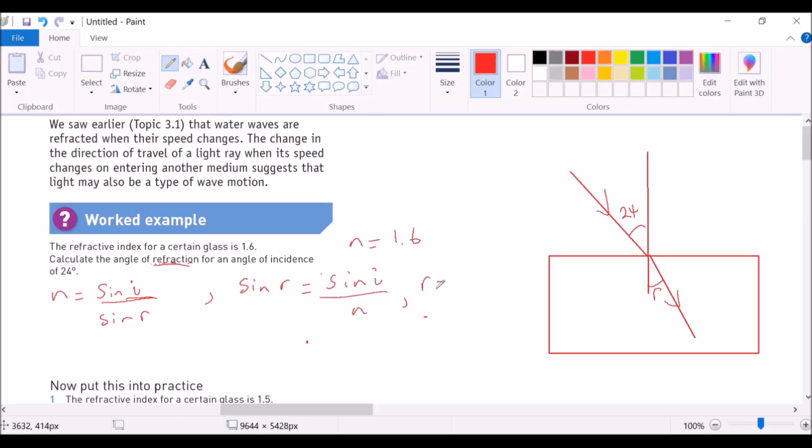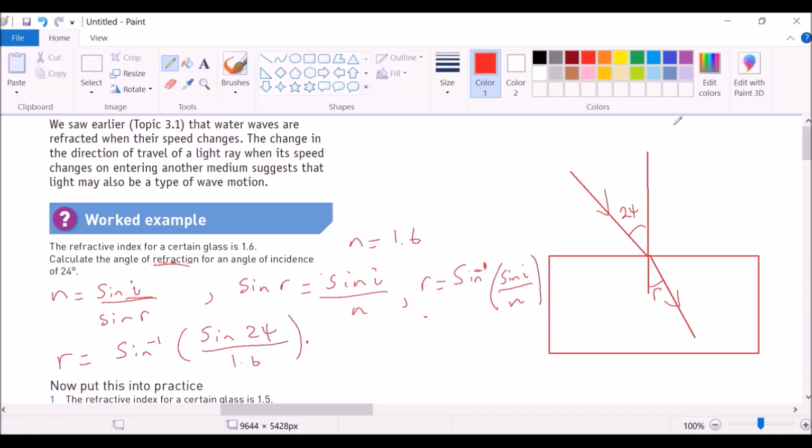And we have r is equal to arc sine of sine i over n. So r is equal to arc sine of sine 24, since our angle of incidence is 24, over n, which is our refractive index, 1.6.